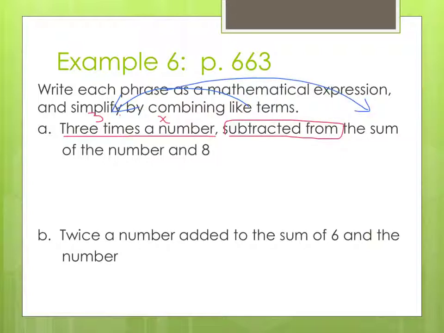So I would have my 3 times x subtracted from, so in the back, the sum of the number and 8. So sum means add the number plus 8. So I have the number plus 8, x plus 8, minus 3x.